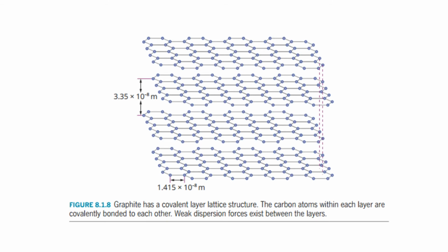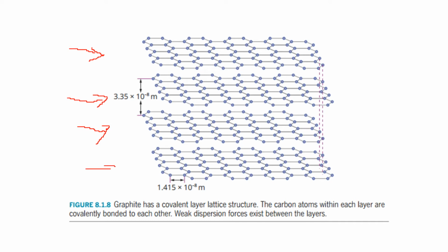So if I look at this slide here, you have one layer which is at the top. So let's just say that you have the first layer. Let me show you this. So let's say this is your first layer, this is your second layer, this is your third layer, and this is your fourth layer.